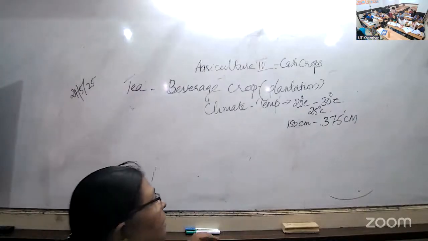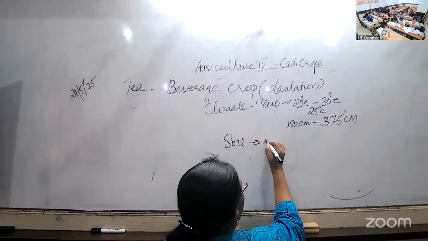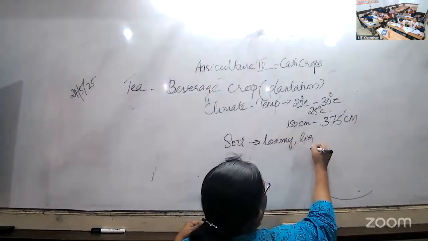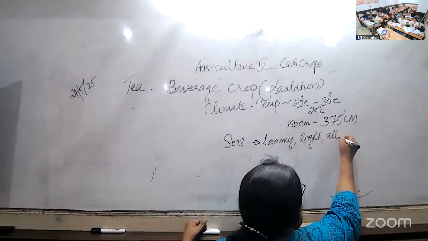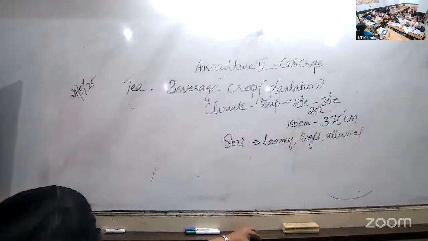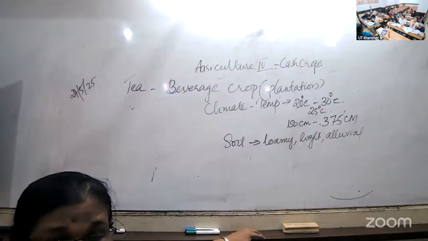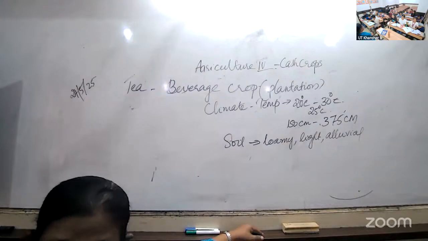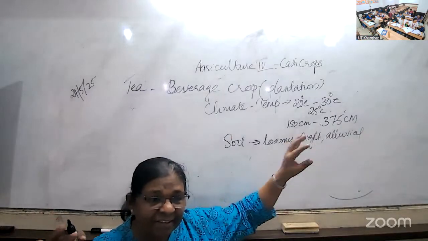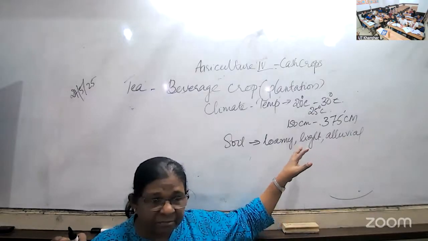Soil. What is the type of soil required? Loamy, alluvial. Any other soil? Tea can grow in laterite soil also. That is at higher elevations where heavy rainfall is there. Laterite soil is there.